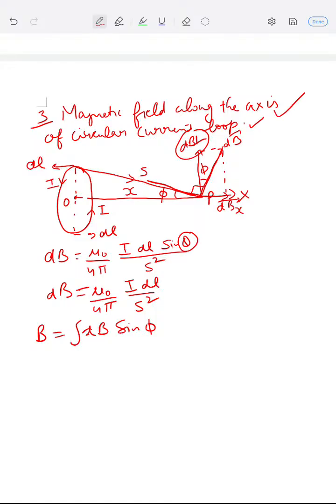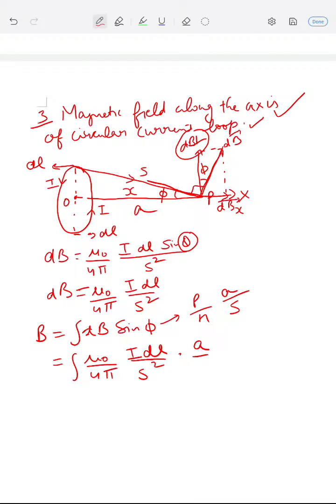So we have taken dB sine phi. What is sine phi? Perpendicular upon hypotenuse. Perpendicular is a, hypotenuse is s. So we put the value here: dB is mu 0 upon 4 pi I dl upon s square times a upon s.